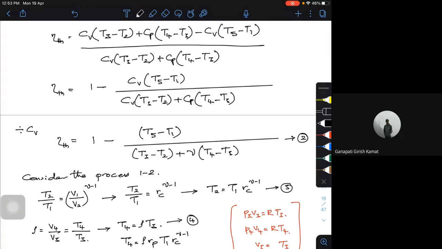It is RP RC to the power of gamma minus 1 into T1, minus, for T2 it is RC to the power of gamma minus 1 into T1, plus gamma into, for T4 it is rho into RP into RC to the power of gamma minus 1 into T1, minus T3, once again it is RP into RC to the power of gamma minus 1 into T1. Each and every term I am going to substitute in this equation number 2.